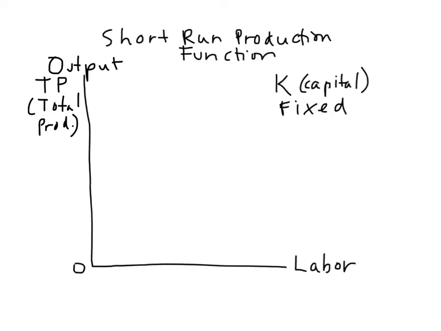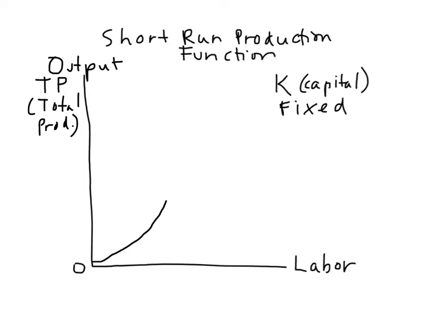And we can draw these in various shapes, but a classic way to do this is to consider that for a while, as labor input is increased, output might be going up faster and faster. Do you see how this is curving upward as it goes?